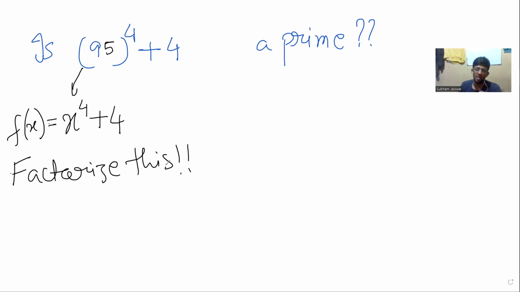If you can factorize this polynomial, then you will have a good chance of showing that that number can also be factorized. You can use the basic principles of a difference of squares, completing a square, and whatnot.